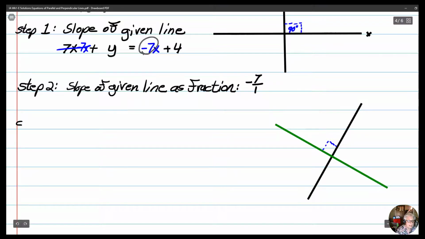Now, step 3, write the slope of the perpendicular line. And here's how.